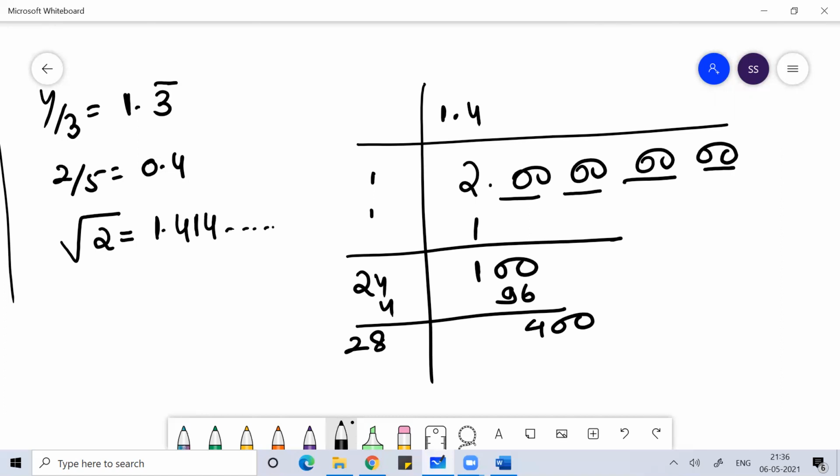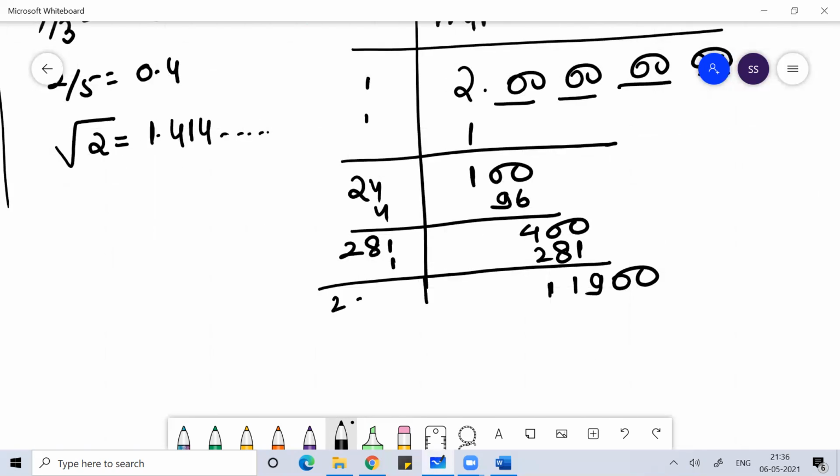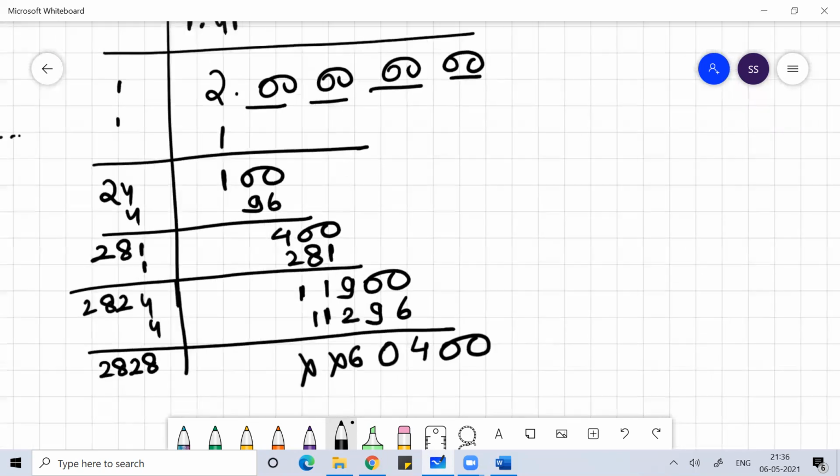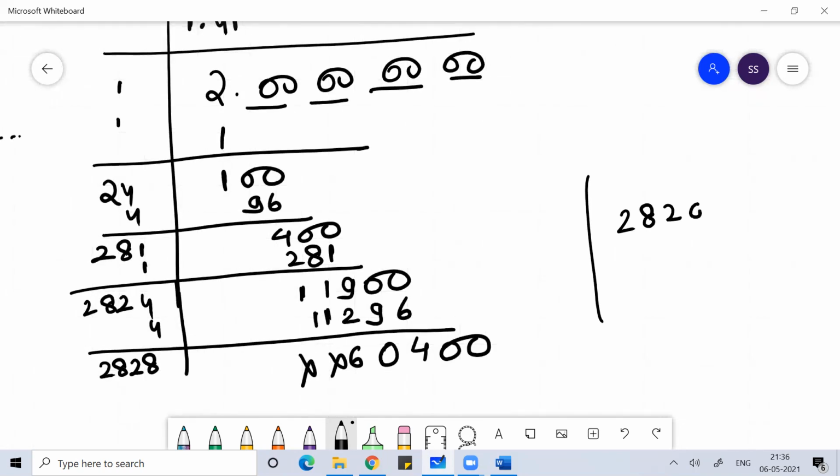So when we are trying to find the value of root 2, every time we are trying to find that digit, we will get new digits. So 2, 8, 2, 8.